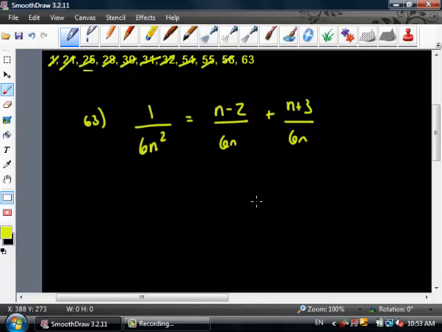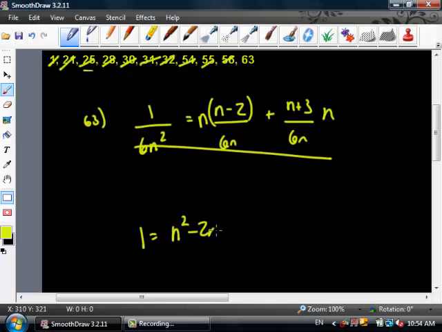So what is the common denominator here? Let's see here. Wally. 6n squared. So what's missing from any of these? Yeah, an n's missing from the middle and the right term. So once those are gone, we can say that 1 equals n squared minus 2n plus n squared plus 3n.